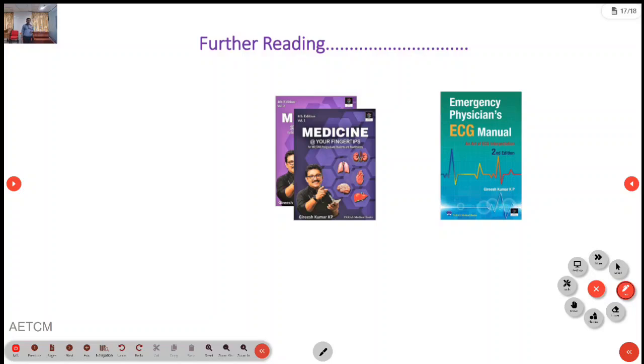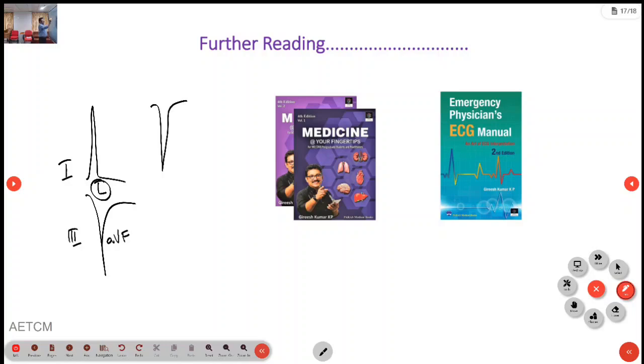If you understand the second concept, it is well and good, but if you do not understand, just remember like this: leaving away from the center, 1 and 3 or AVF, that is left axis. Or if it is like this, reaching towards center, 1 and 3 or AVF, that is right axis deviation. So, that is very simple, left axis, right axis.